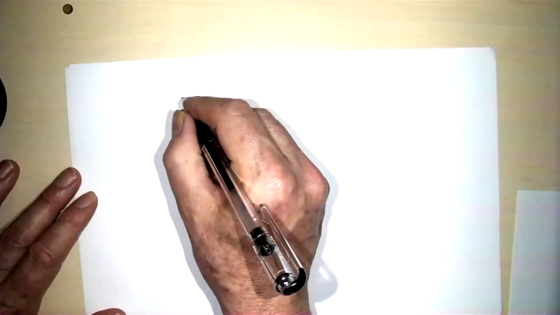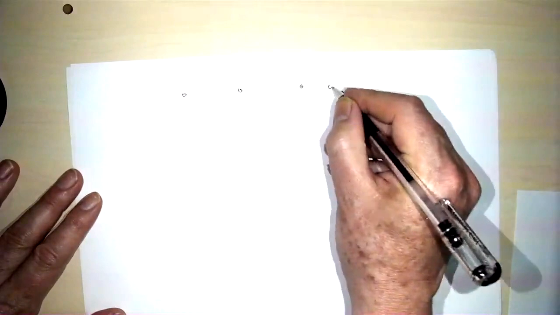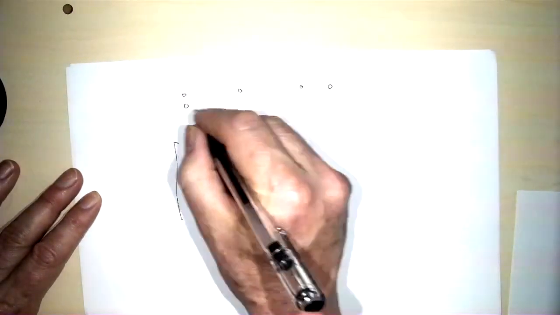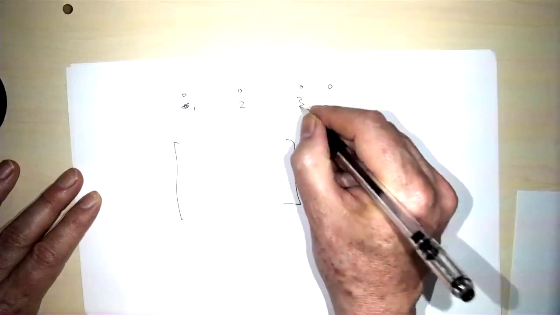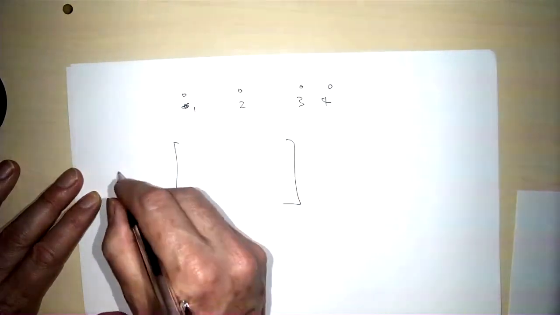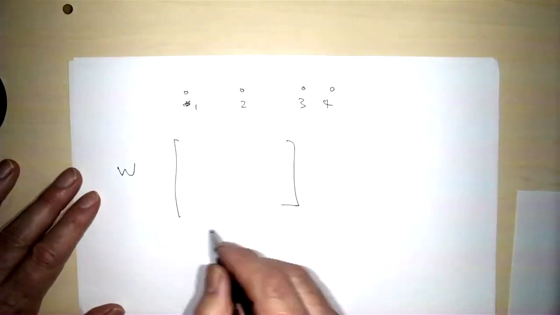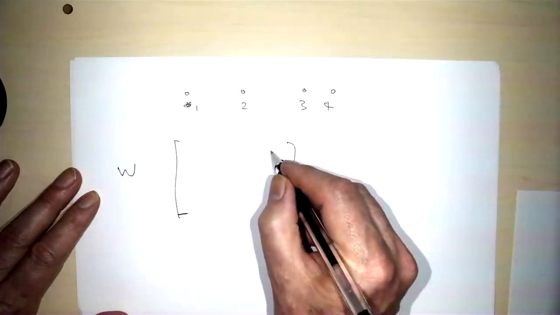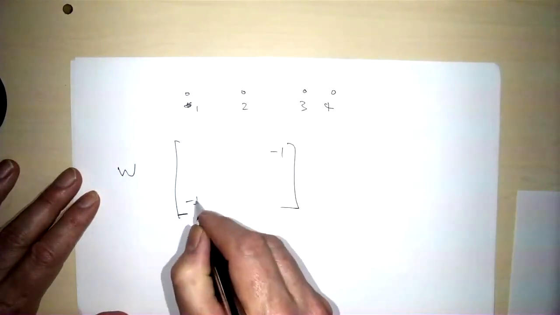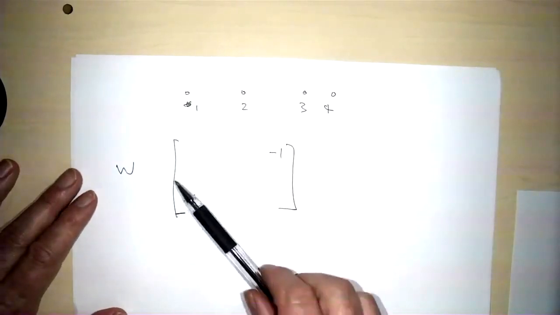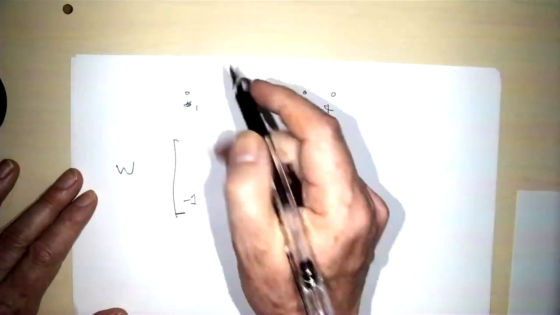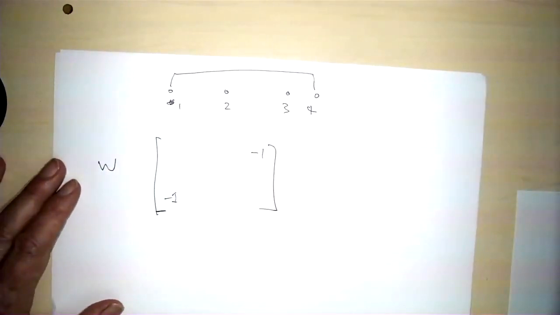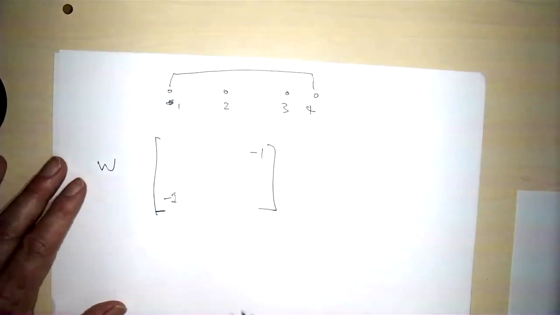And let's say this is neuron 1, 2, 3, and 4. If I try to write this W matrix, let's say I have -1 and -1, this would mean that these two neurons are likely to be opposite to each other.